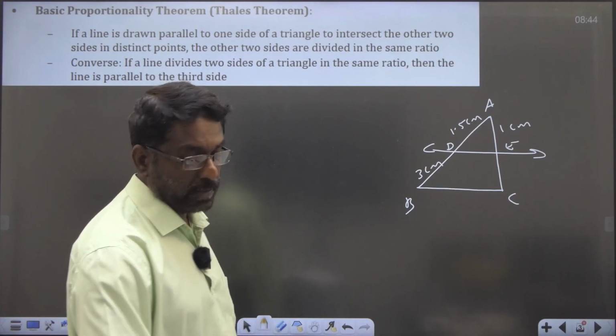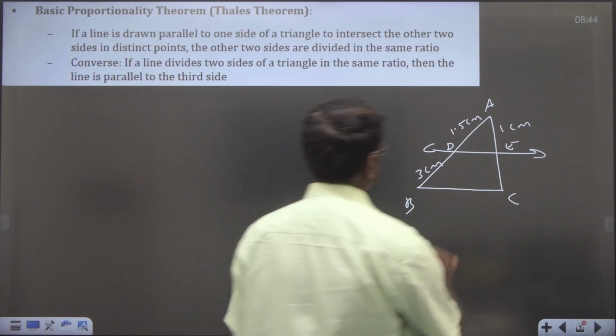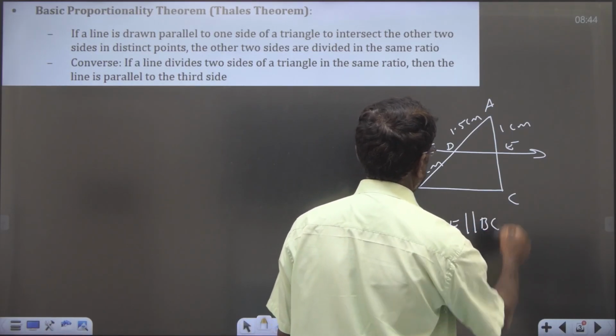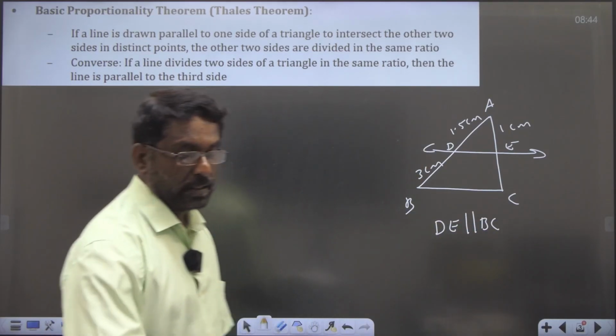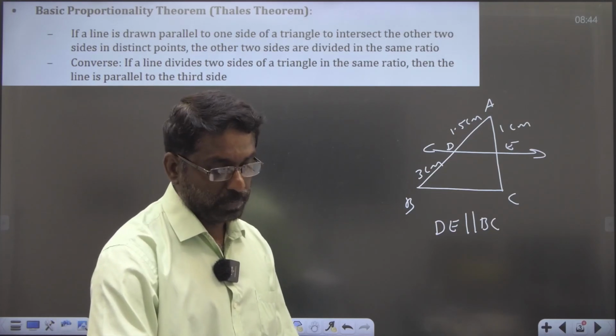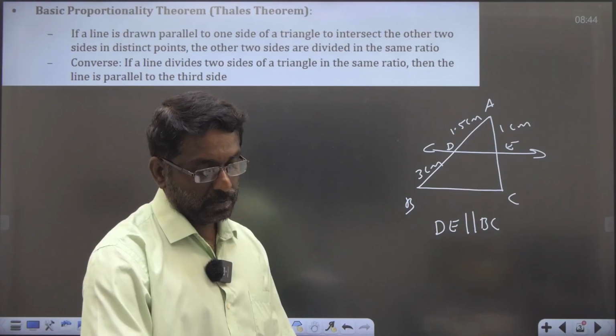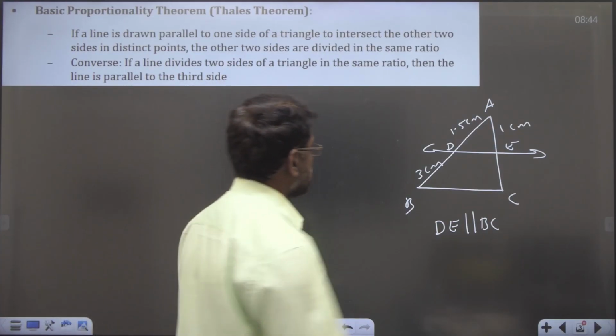Here it is given that DE is parallel to BC. Find EC.